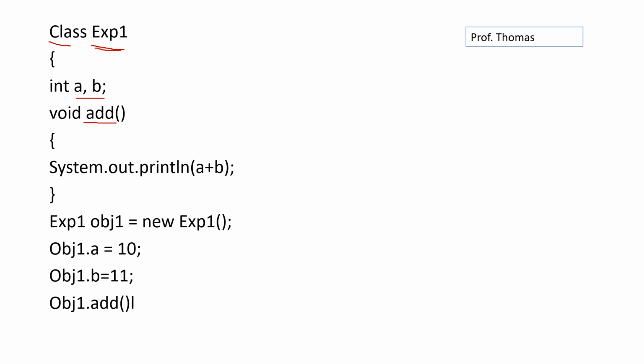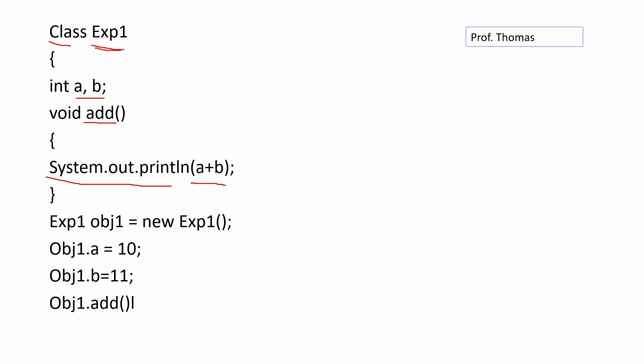In that method we add both numbers, A plus B, and print using System.out.println, which we already learned in the basics. In that add function, we add both variables A plus B.